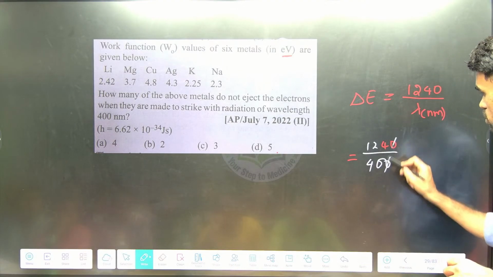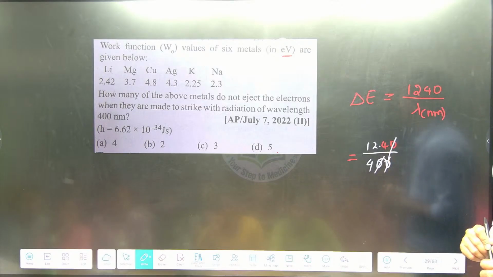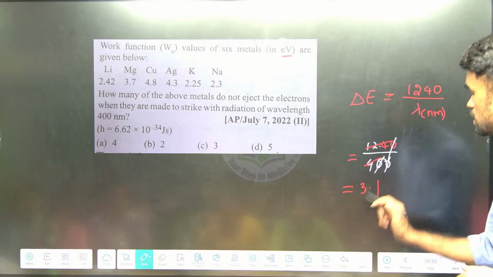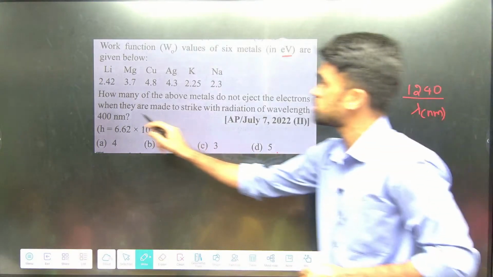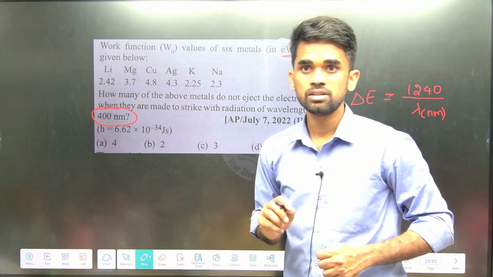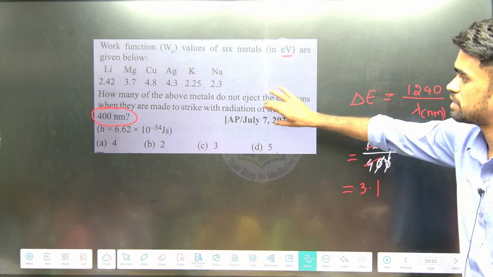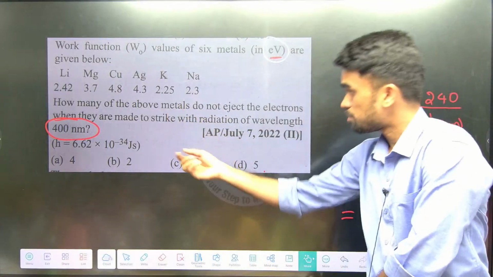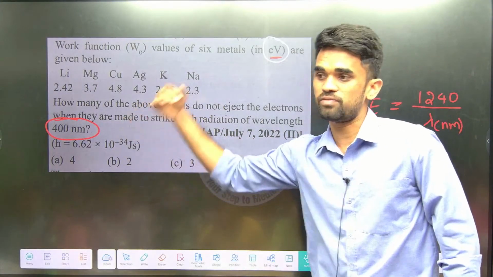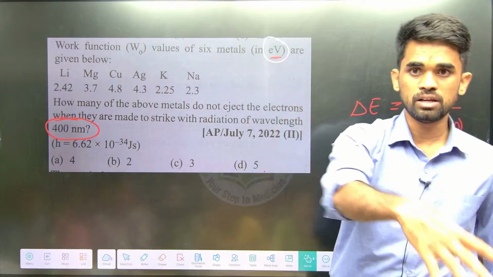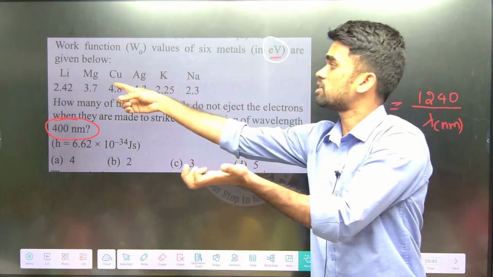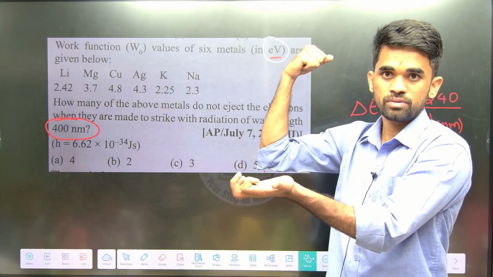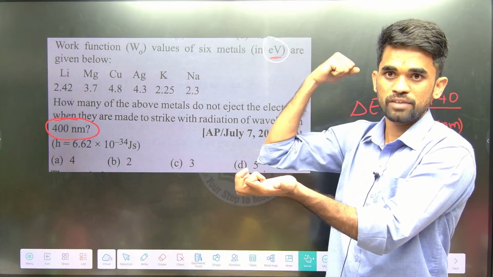That is 12.4, and this will become 3.1. So what is the energy associated with this wavelength? 3.1. So if you supply this much energy to the metal surface, how many of these will be ejecting electrons, or not showing the photoelectric effect, as they are asking.